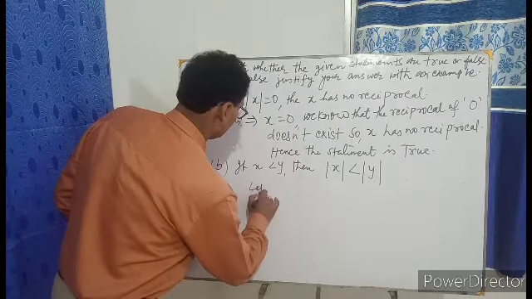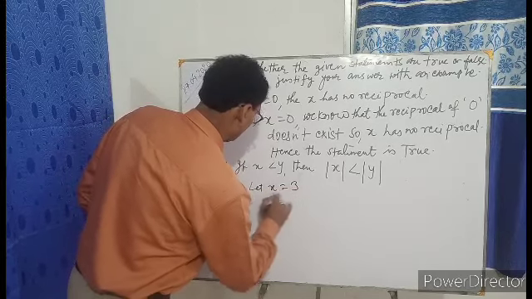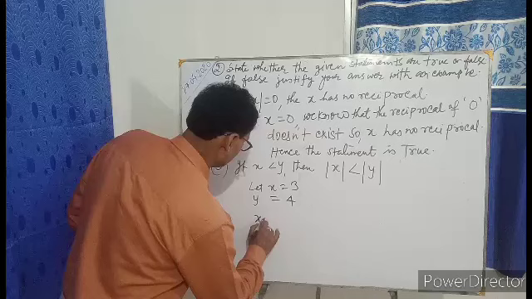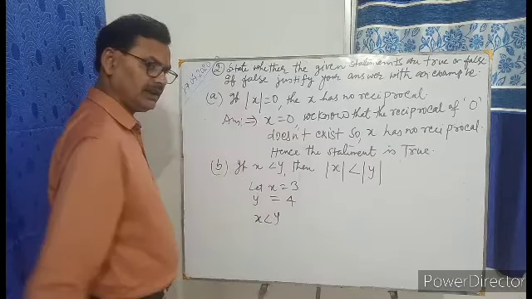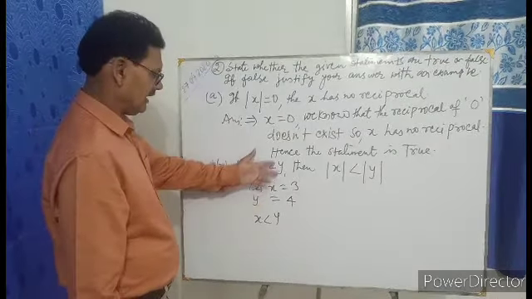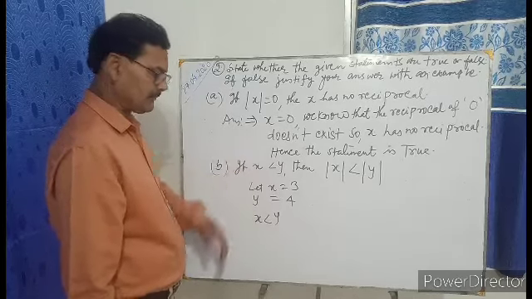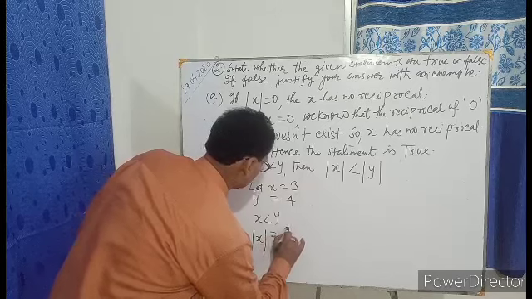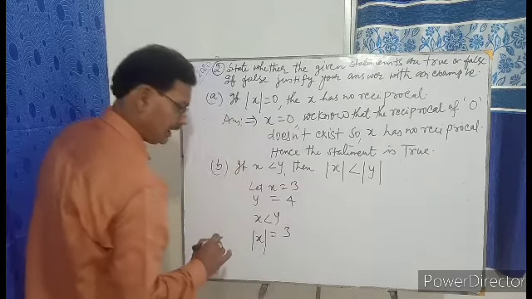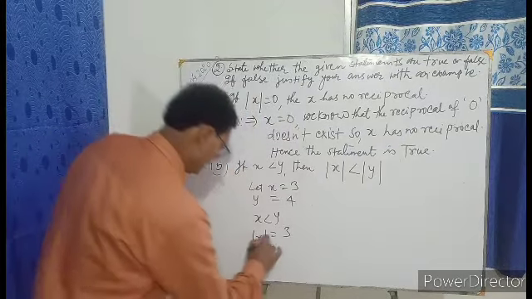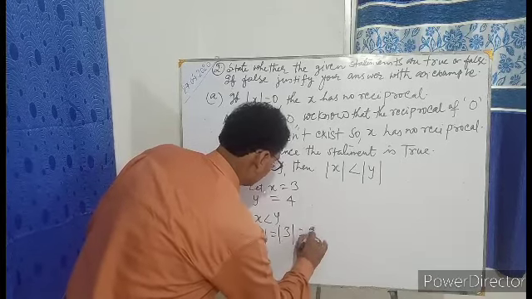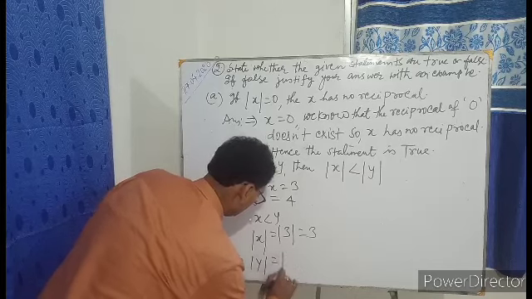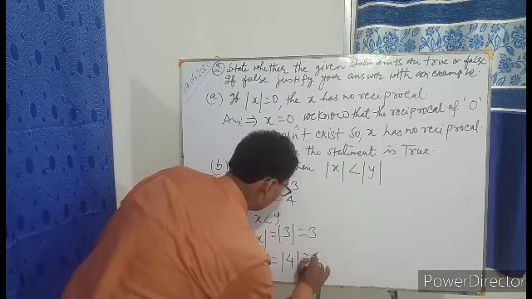Let x equal 3 and y equal 4. So here x is less than y. Now mod x is equal to mod 3, which is equal to 3, and mod y is equal to mod 4, which is equal to 4.